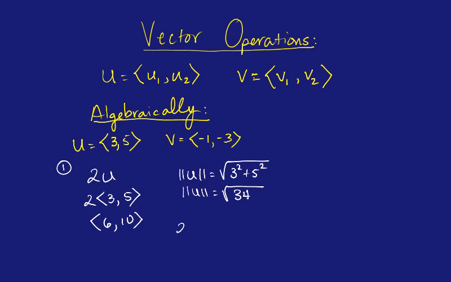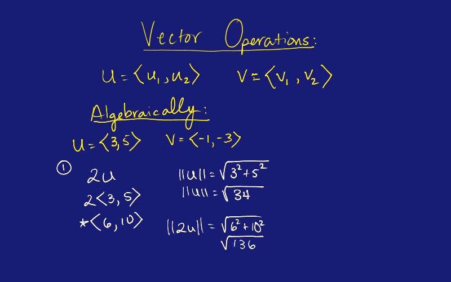If you take 2u and you do the magnitude, so this is 2u right here, it's going to be the square root of 6 squared plus 10 squared. And so now we have the square root of 36 plus 100, 136.